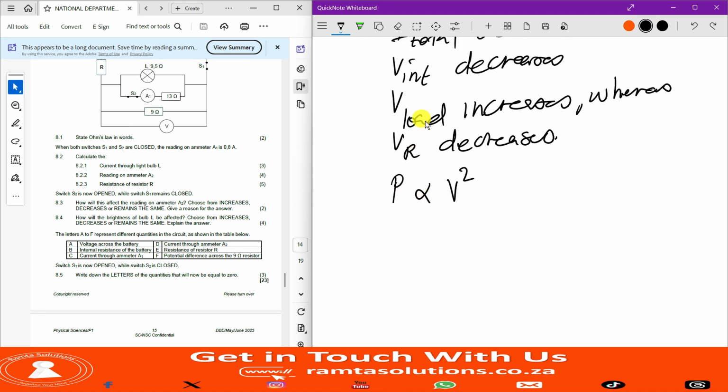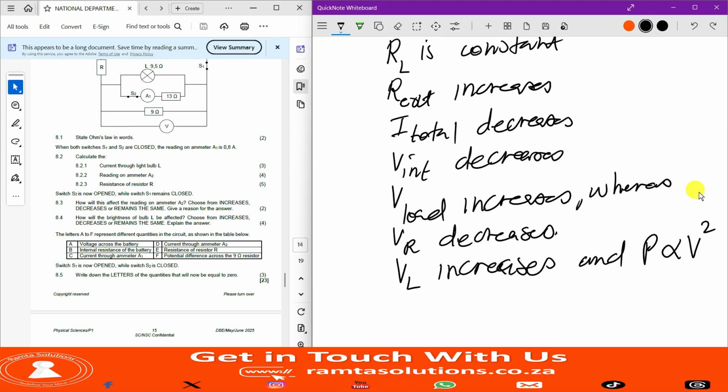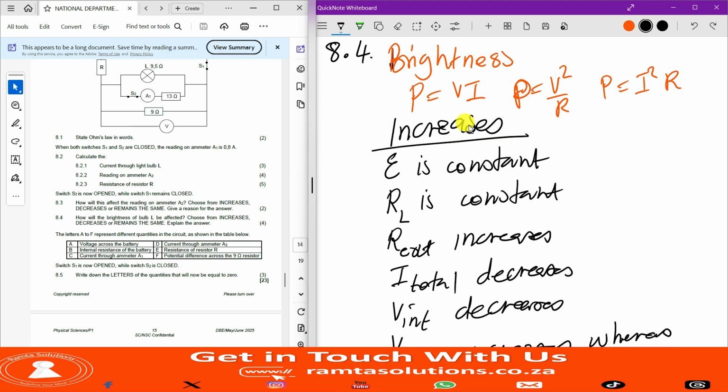Maybe I should also add before I come to this, that V of L will be increasing, right? And we know power is directly proportional to V squared. Therefore, if V of L increases, the simple answer here is brightness will increase. Okay, brightness will increase. I know it's a lot of things here.